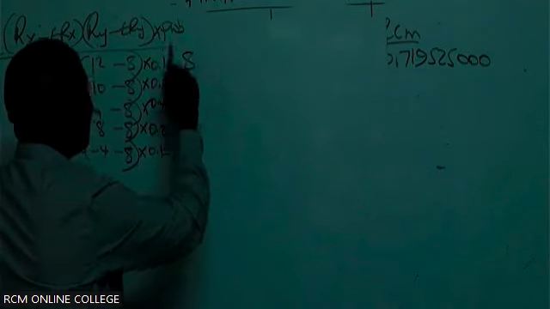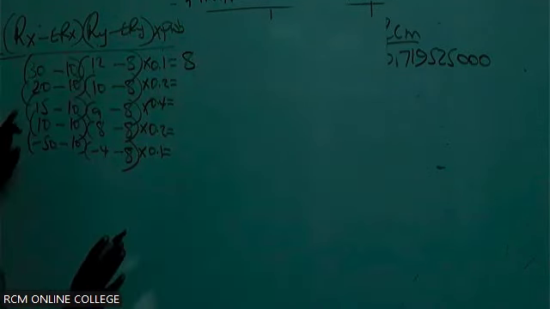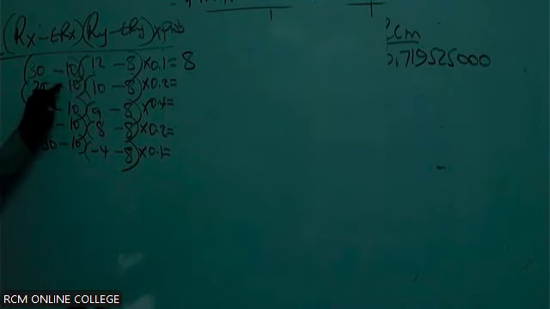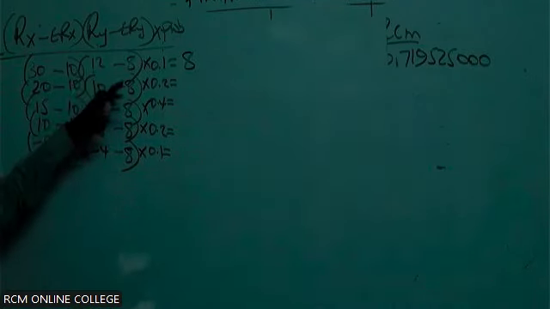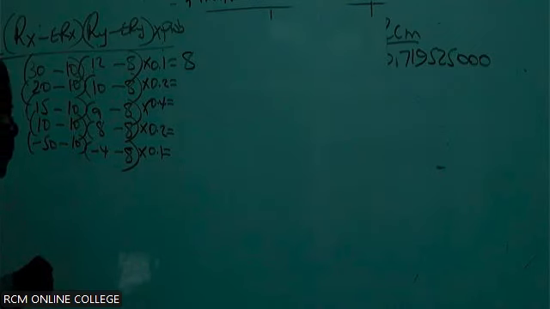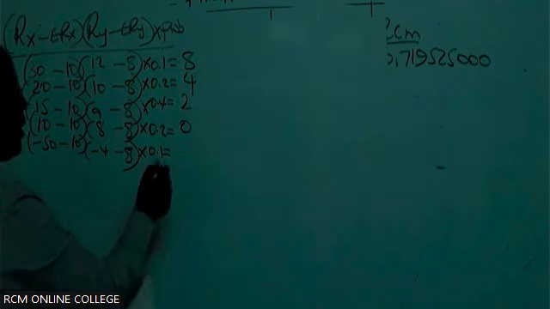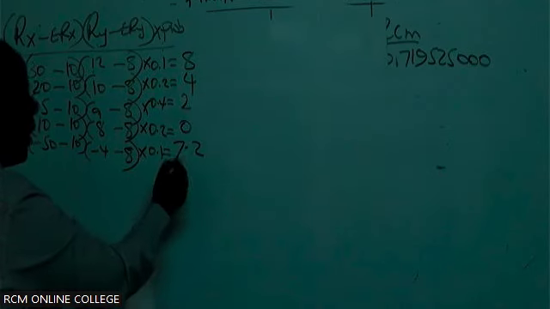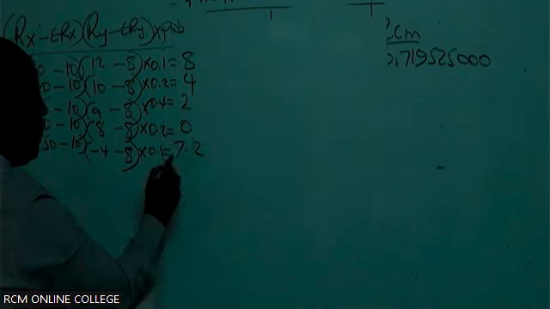So long as you use your calculator wisely: open brackets 20 minus 10, close, times open 10 minus 8, close, times 0.2. What are we getting here? 4. Then 2, then 0, then 7.2.